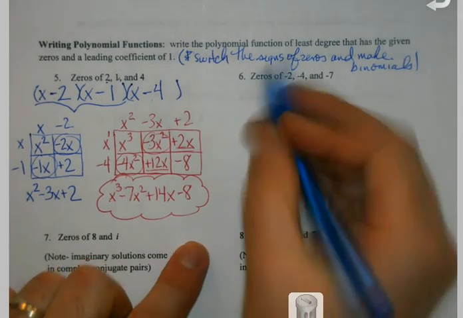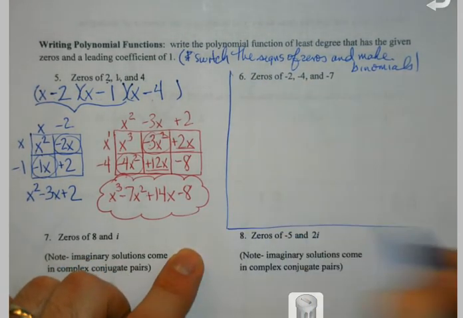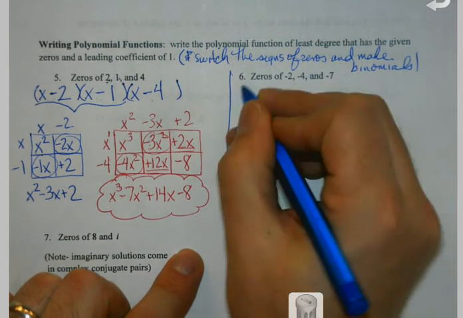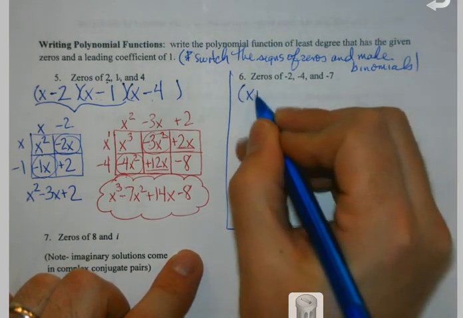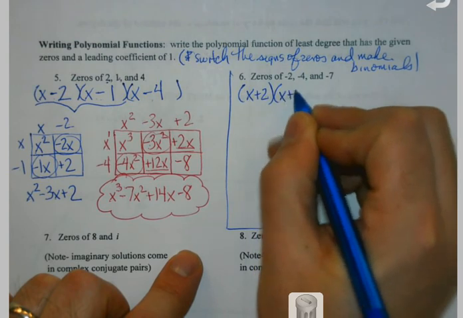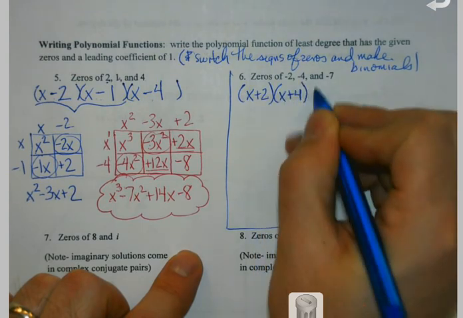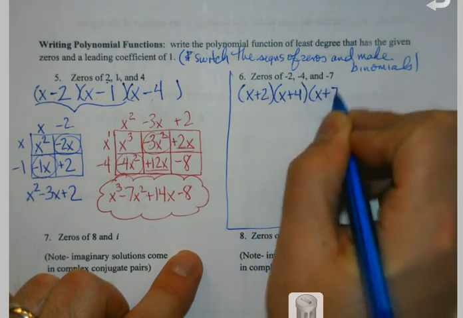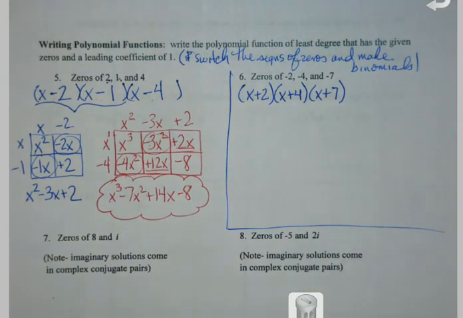So if we do the same thing in number 6, again, I'm using the opposite sign in each of my x's. Okay, and that's the critical thing here. I got to switch that sign, because otherwise I'd be getting zeros of the opposite numbers that I was looking for.